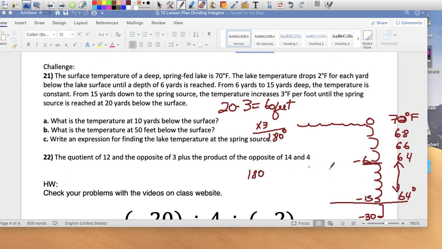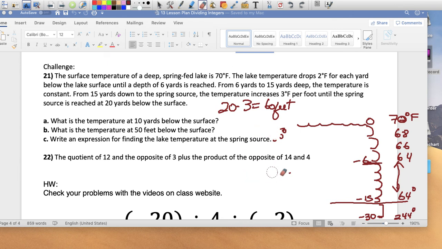So 180 degrees plus 64 is going to be 244. So the temperature down here is 244 degrees. Now, 15 yards to spring source. No, I went too far down. Sorry, ignore what I just said.